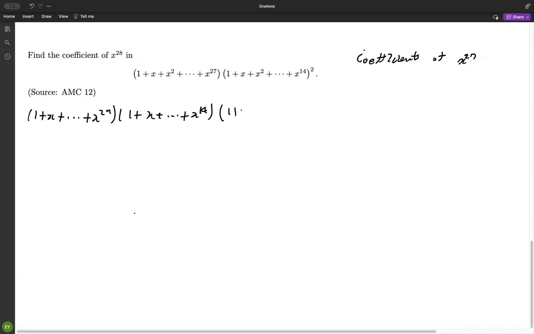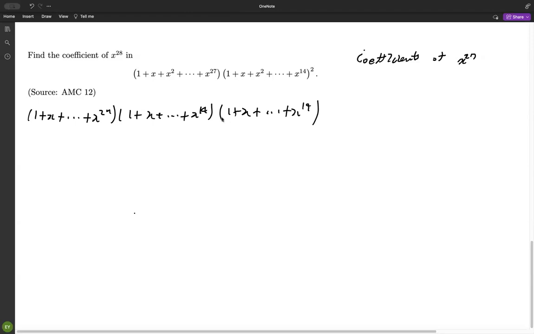What I have been thinking was, what if we use stars and bars here? I thought it would work because that's usually how it works.